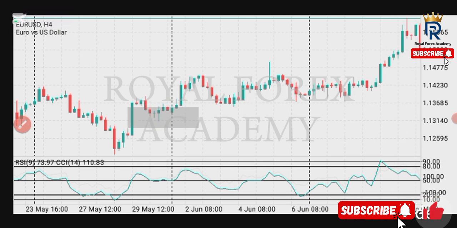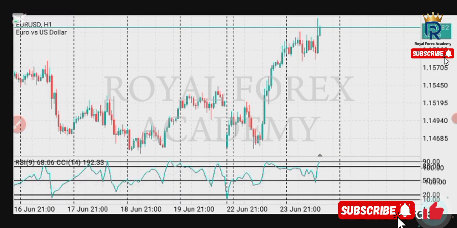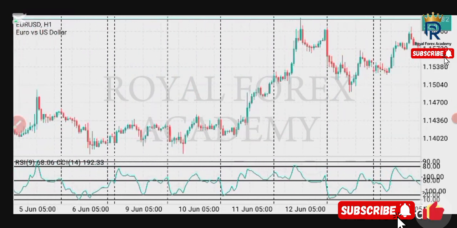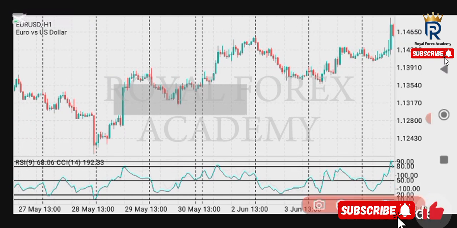So for you to trade this, you can now move to your 1 hour time frame. Let's look at the place where we marked. Now you can see that this imbalance reproduces itself on our 1 hour time frame. So if you look at this 1 hour too, we have an imbalance on the 1 hour. Look at what happened.